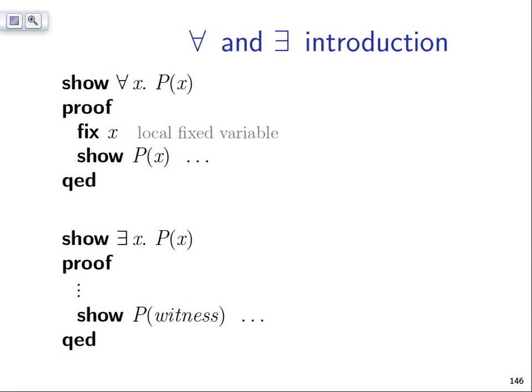Well, you eventually, in that proof block, show that existentially quantified statement, and you give an explicit witness, some term for which you can show that P is true, 5, 42, whatever. The existential quantifier has disappeared, but now you have to come up with this term and prove that P is satisfied by that term.